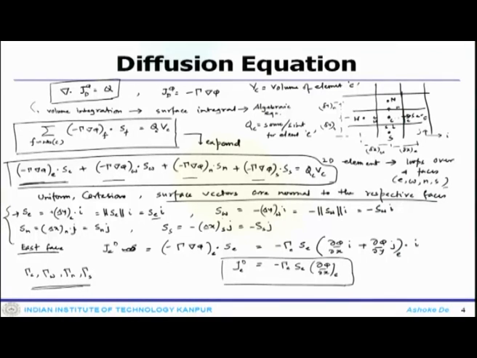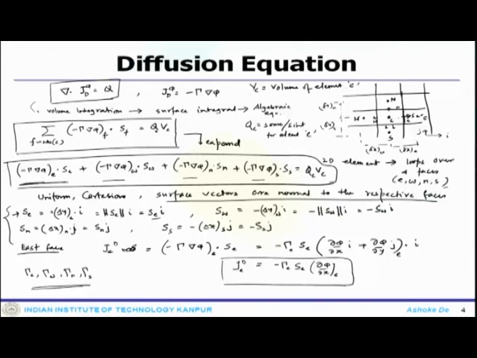Since it is a 2D Cartesian system, it was quite straightforward to estimate those, and the way it has been estimated, you can see A_e was delta y i, S_n was delta x n j. So, it is a surface vector.